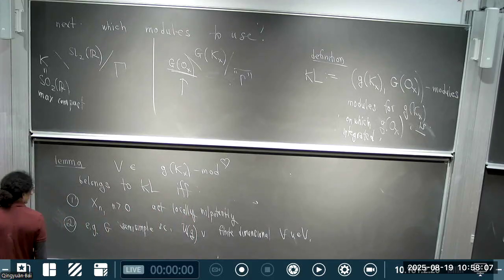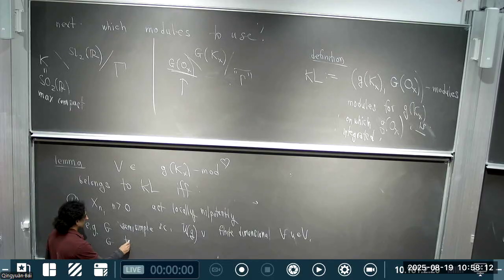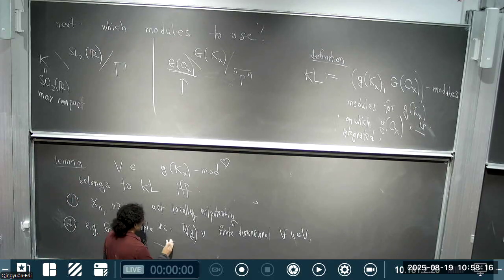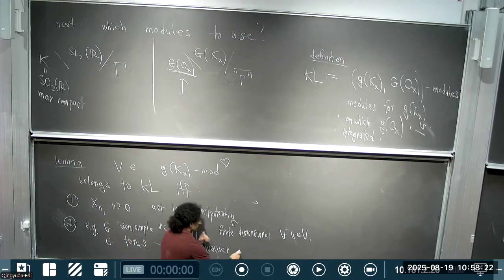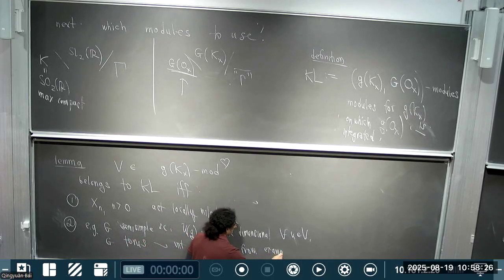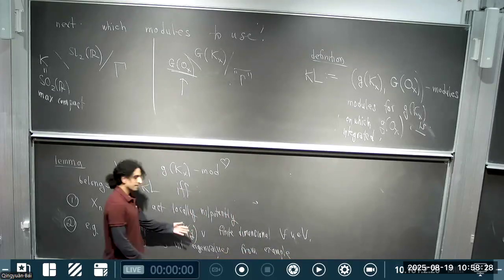When G is a torus, it's basically this integral eigenvalues condition, as in the previous example. And then the general case is just a mixture.